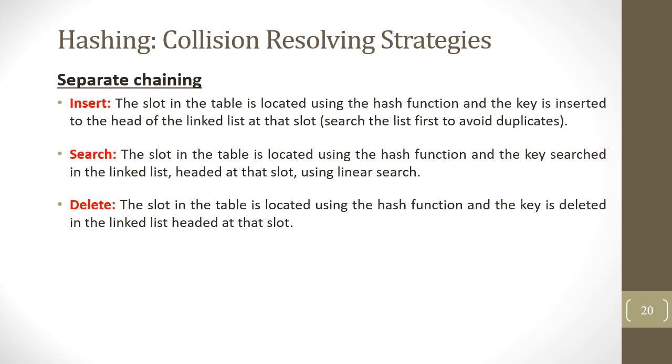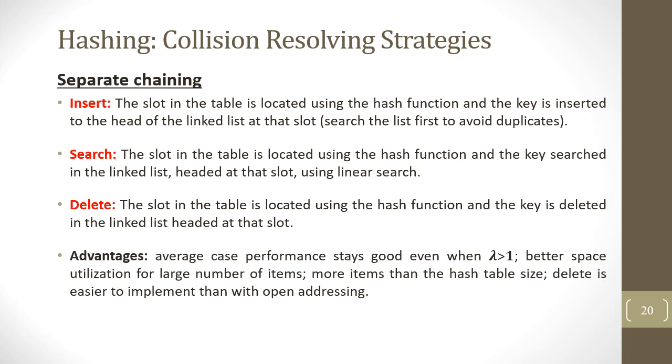And for delete operation, the slot in the table is located using the hash function, and then the key is deleted in the linked list headed at that slot. The advantages of separate chaining are that average case performance stays good even when our load factor is greater than 1.